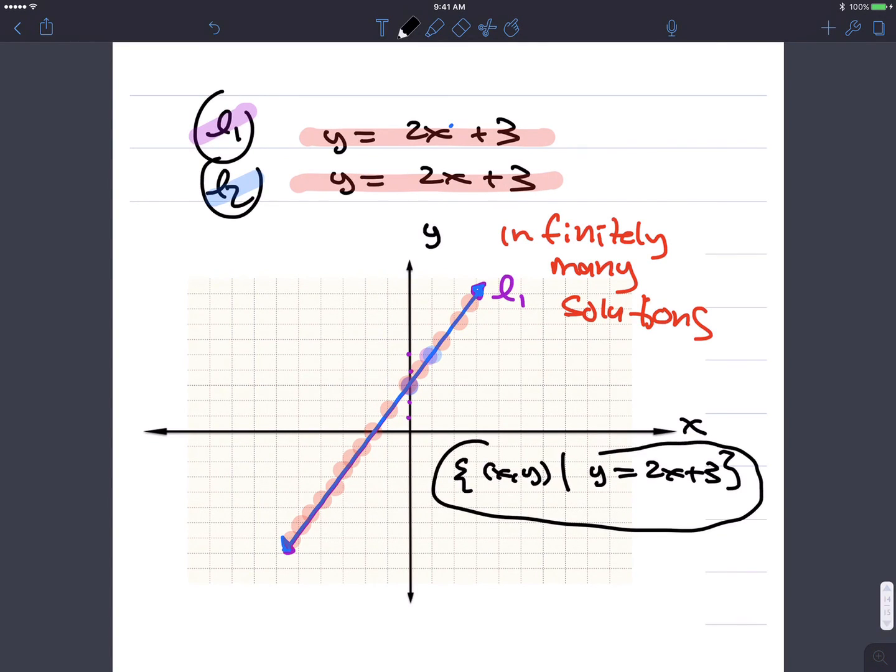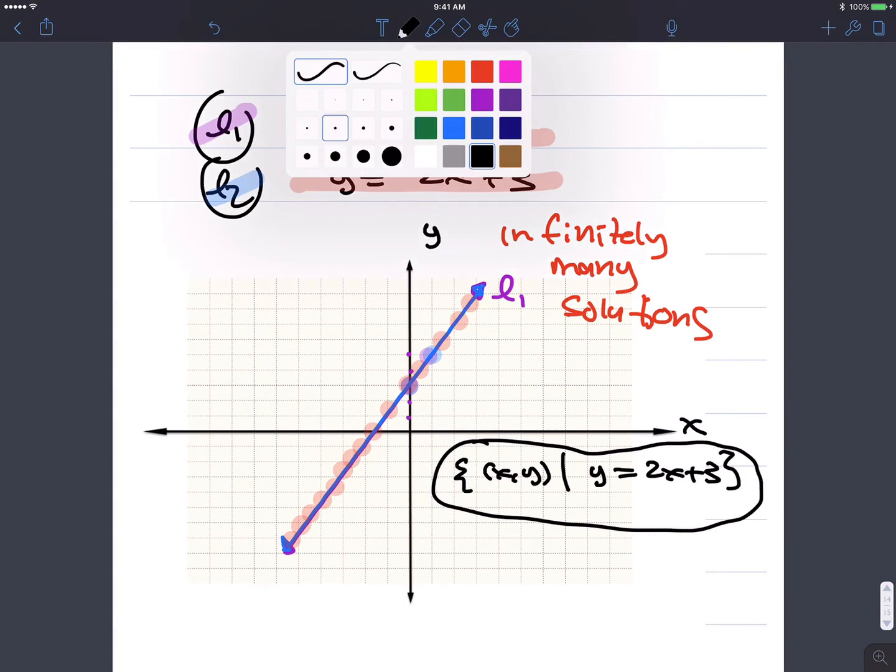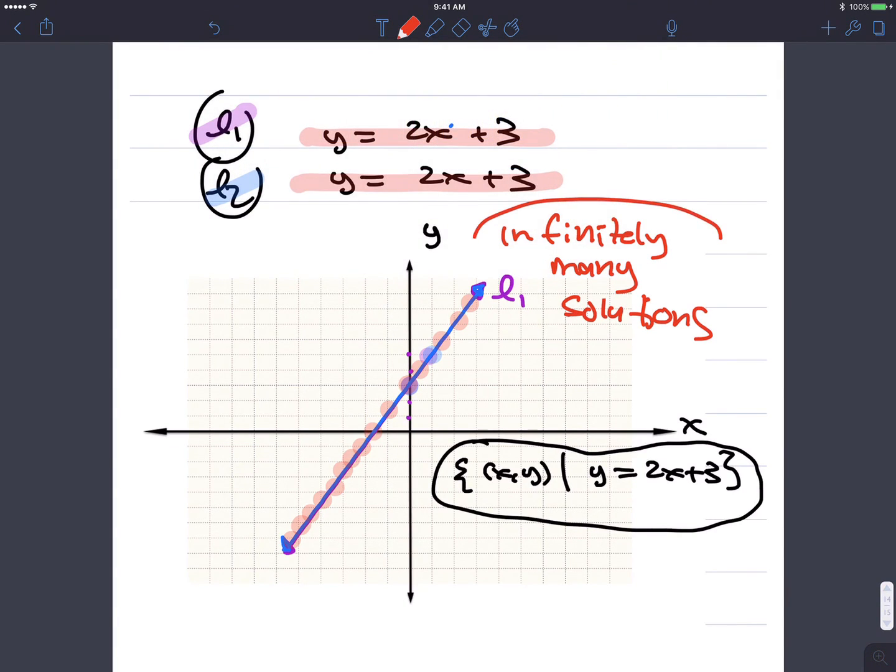In other words, this set notation describes every one of these infinitely many solutions that are on this particular line. So this is how we answer the question, and this is a special scenario. We're talking about the same exact line, and they intersect everywhere on that line at infinitely many points. And this is number 11.